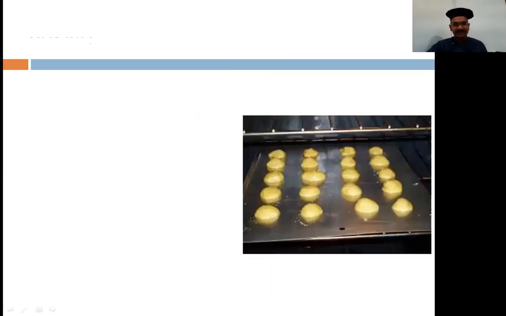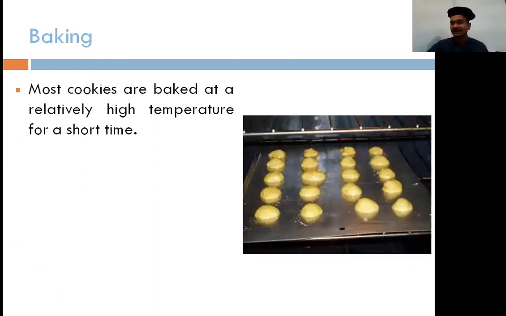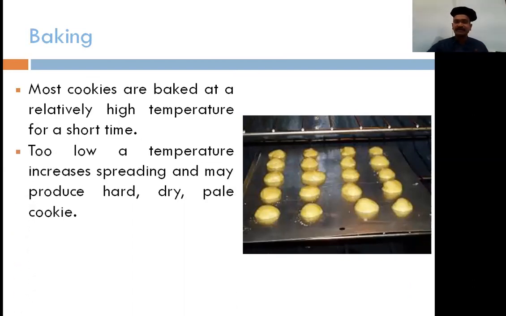Okay, let us understand how you bake a cookie. Most cookies are baked at a relatively higher temperature for a shorter time, like I told you in my first class. If the temperature is too low, it increases spreading and may produce a dry, pale cookie.